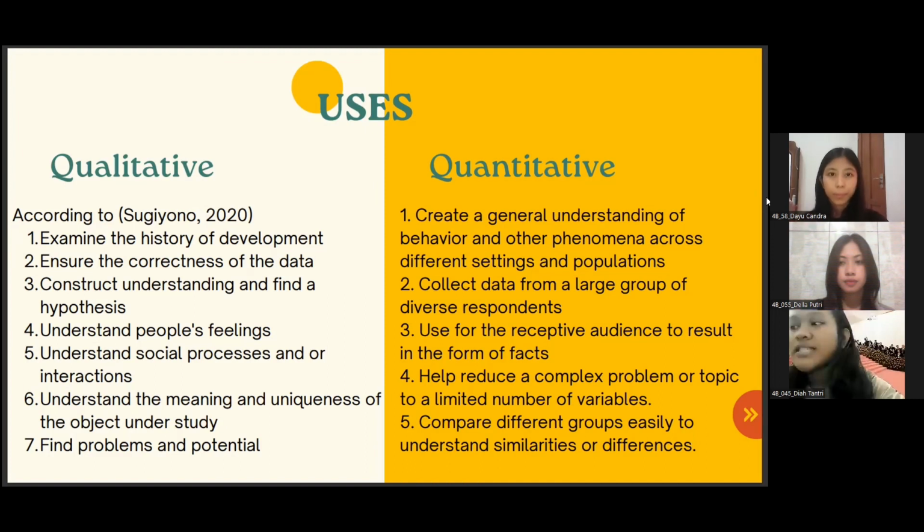The relationship between symptoms is difficult to understand using quantitative methods, but it can be understood using in-depth interview data collection techniques and participant observation to feel what the person feels, the social process and interactions.